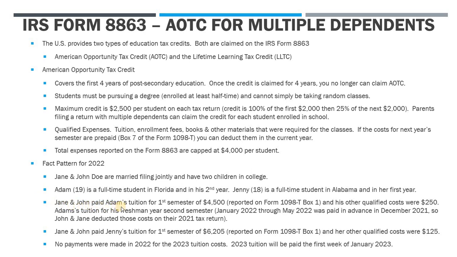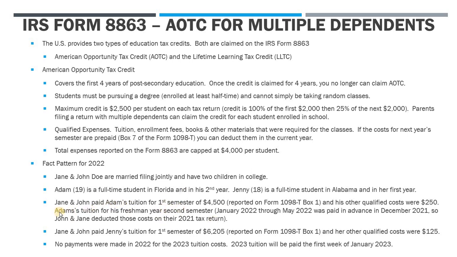Now, Jane and John paid Adam's tuition for the 1st semester of $4,500, and this was reported to them on the Form 1098-T in Box 1. And in addition to that, the other qualified expenses, so those books and other materials, were $250.